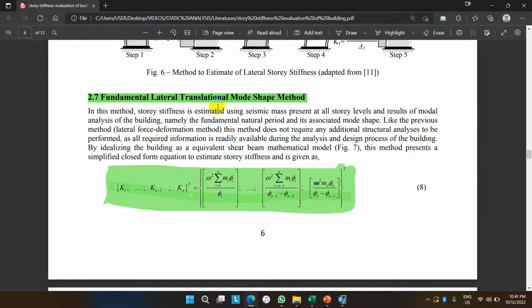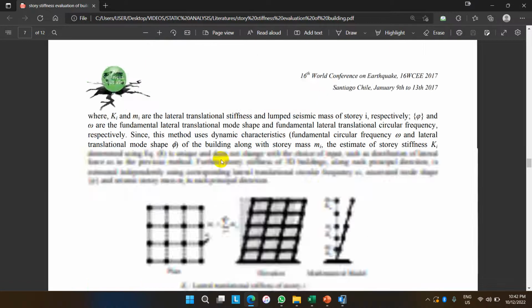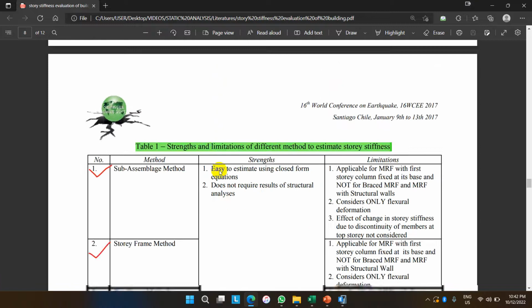Out of these 7 methods, the first 3 methods use simple closed form equations, while the last 4 methods use the results obtained from linear elastic analysis to estimate the story stiffness of each story in the multi-degree of freedom structure. These 7 methods have their own strengths and limitations.